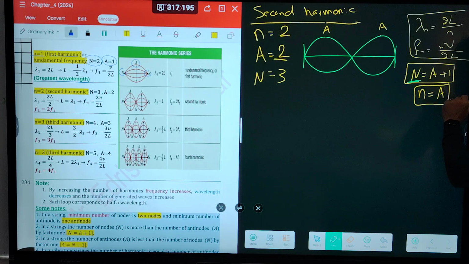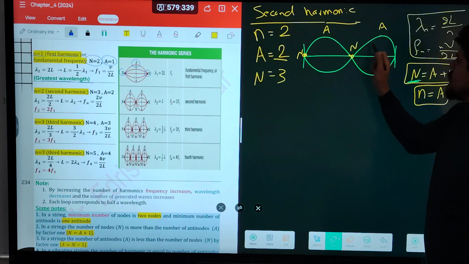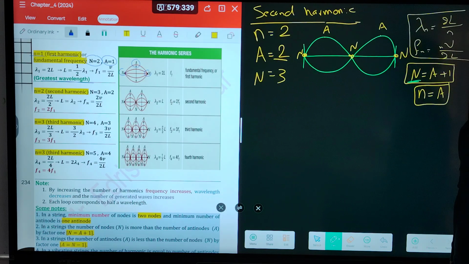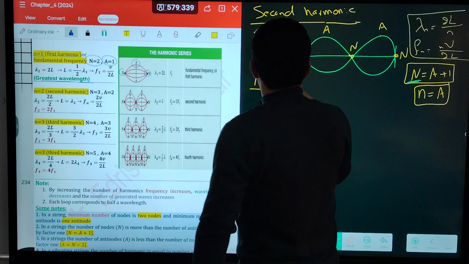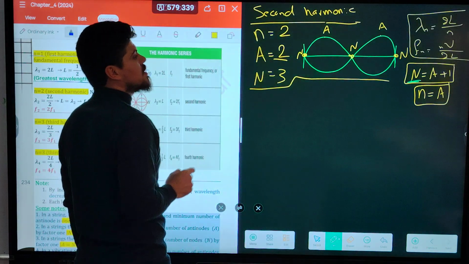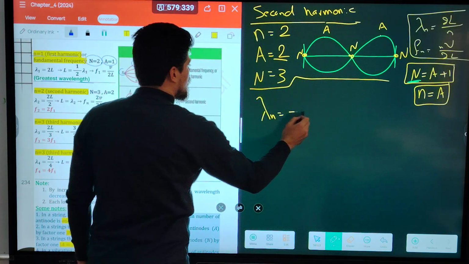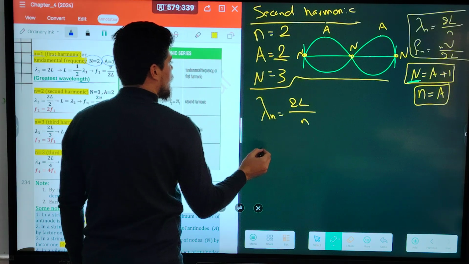Node is equal to A plus 1, yes. 2 plus 1, 3. How many nodes do we have? 3. 1, 2, 3. 3 nodes. How can we determine the wavelength in the second harmonic? Wavelength in the second harmonic equal to what? 2L over N.